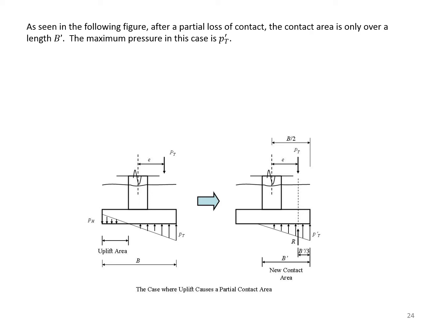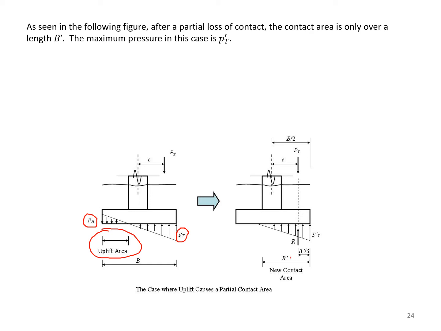You notice that after we computed the heel pressure and toe pressure, you can see the figure to the left, we will have some negative pressure happening over this area. This is where the uplift would take place. However, once the uplift takes place, there is a loss of contact. So we need to recompute the pressure.